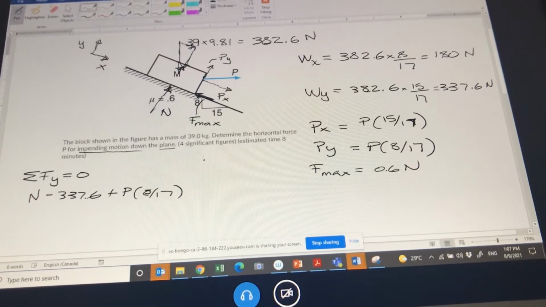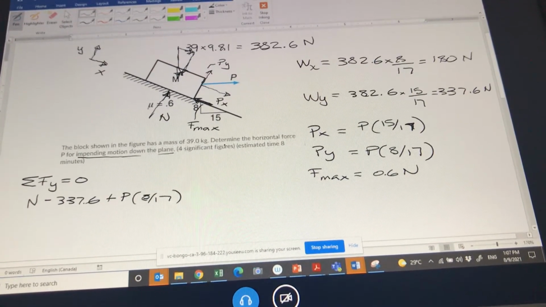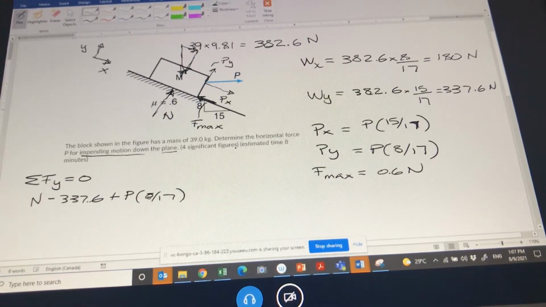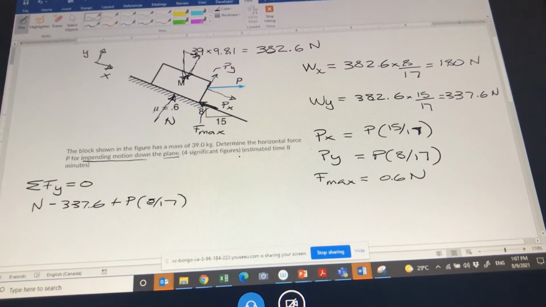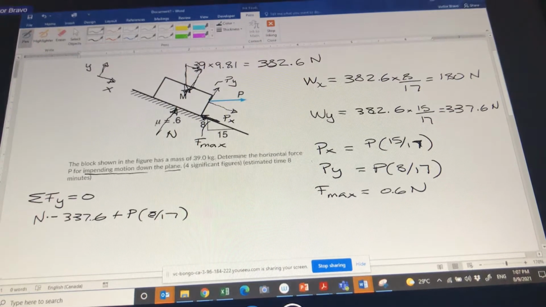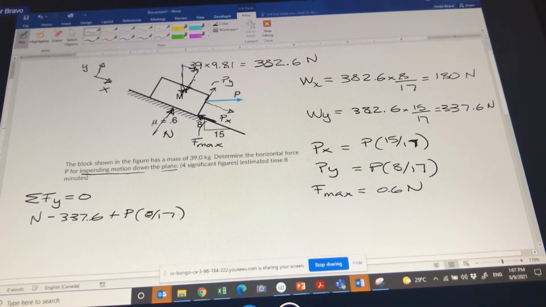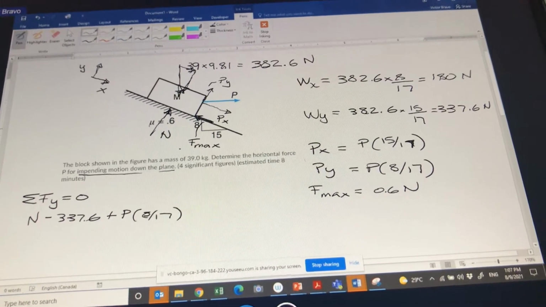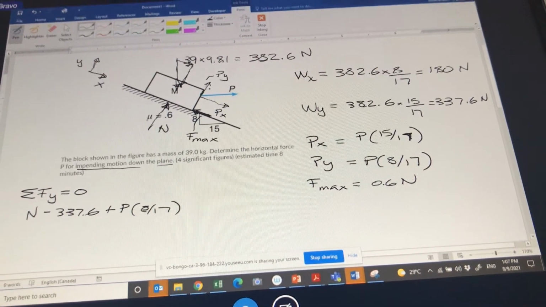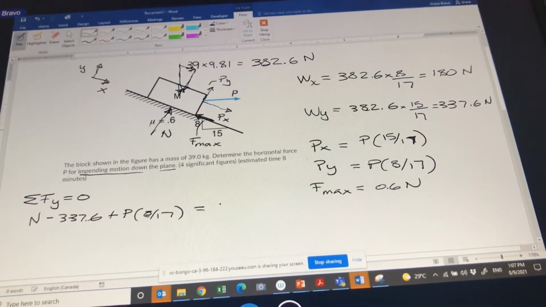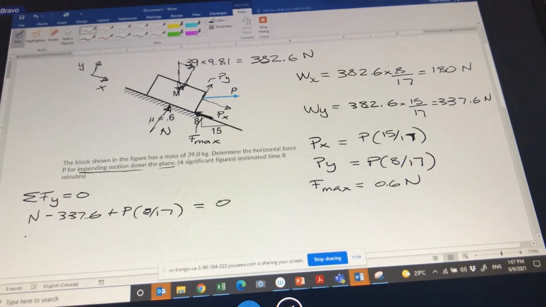Those are all the forces that we have in the y direction. The normal force N, 337, which is a component of the weight, and this force P. Okay, so that should be equal to 0. And that's one of my equations.